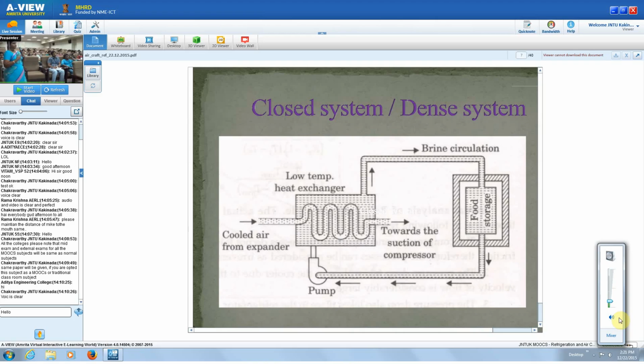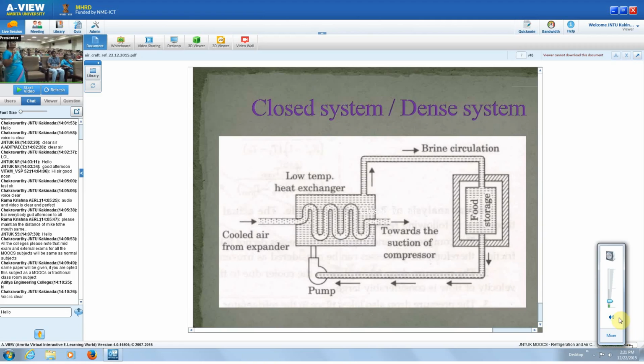The air that is coming at low temperature and pressure from the expander is used for cooling the brine solution, and only the brine solution passes through the evaporator that is to be refrigerated. There it takes the heat from the refrigerator, and finally the same brine solution comes again into the heat exchanger through a pump.